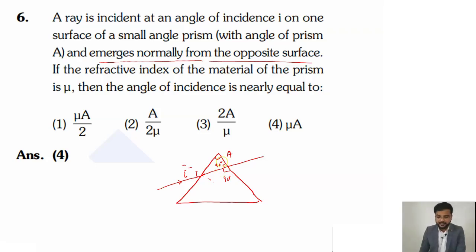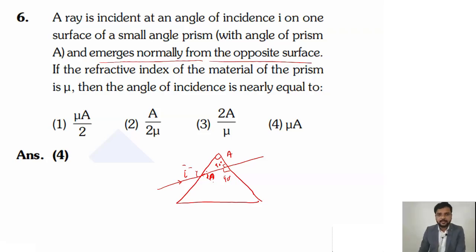So if you apply the geometry over here and find this angle, after the calculation you will get this angle will also be A, the angle of prism. So this angle is I, and the outer side of this prism is obviously air here.